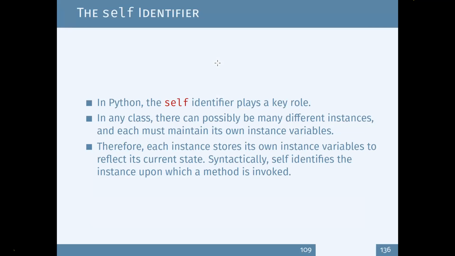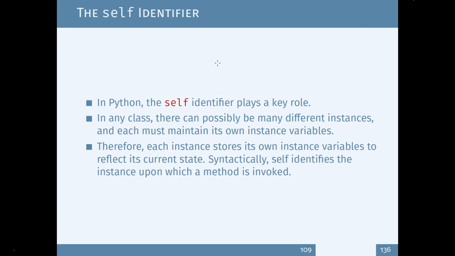Now let's see how you define a class in Python. The first thing that we would like to know is a keyword, and we should understand the keyword called self. In any class, there could be many different instances, and each has to have its own set of instance variables.